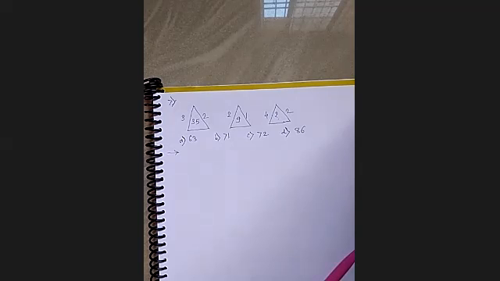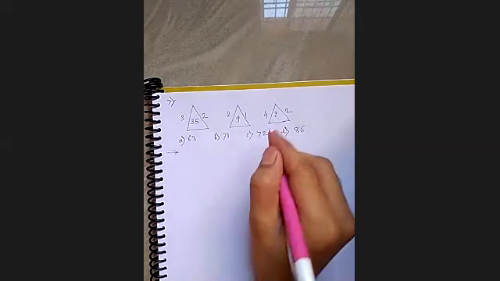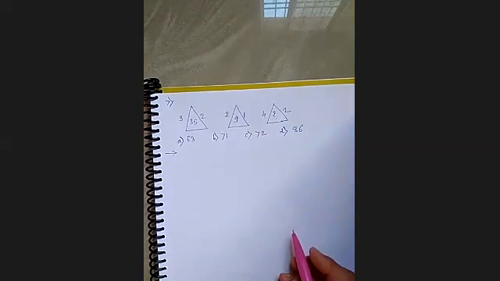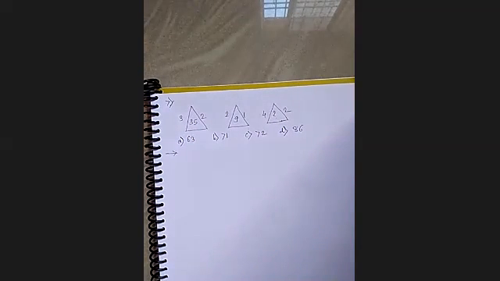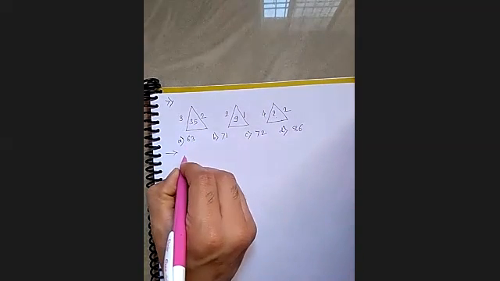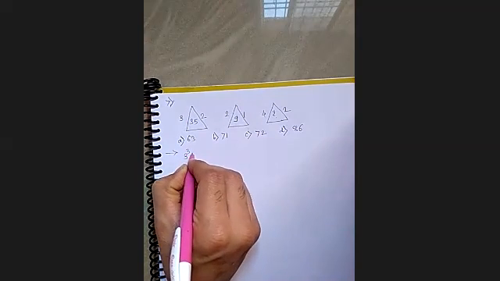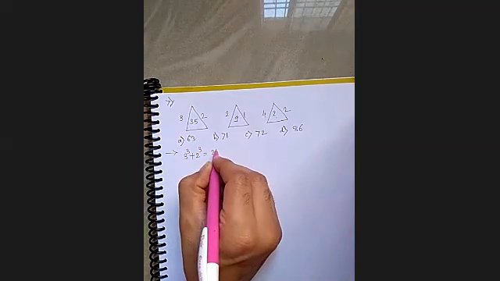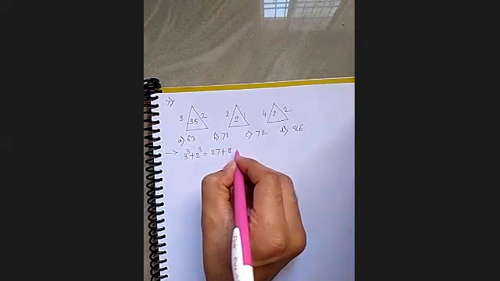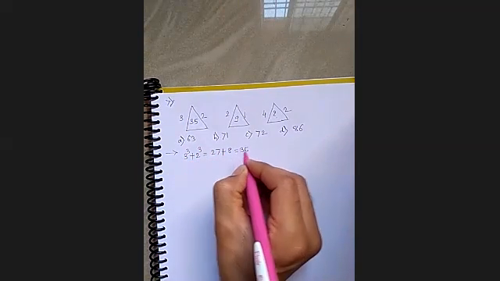Yes, so answer is 72. This one, right? Yes, cube. So what is the logic in this particular case? If you take the cube of 3 plus the cube of 2, it becomes 27 plus 8, resulting in 35.